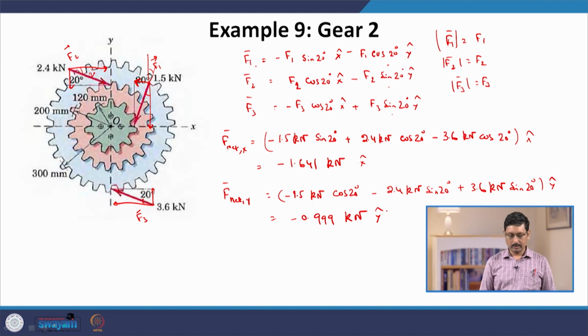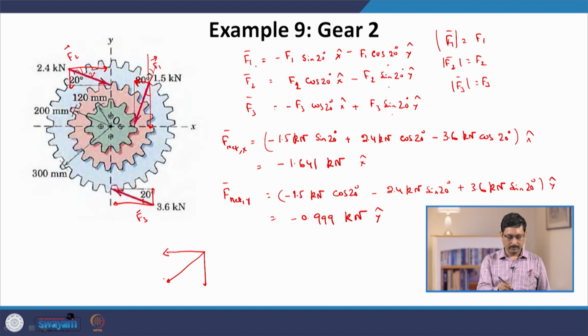Now, our question is, let us first draw this force. Both of them have negative components. So, that means this is the x component and this is the y component. That means the force must be along this direction. Now, does it make sense?